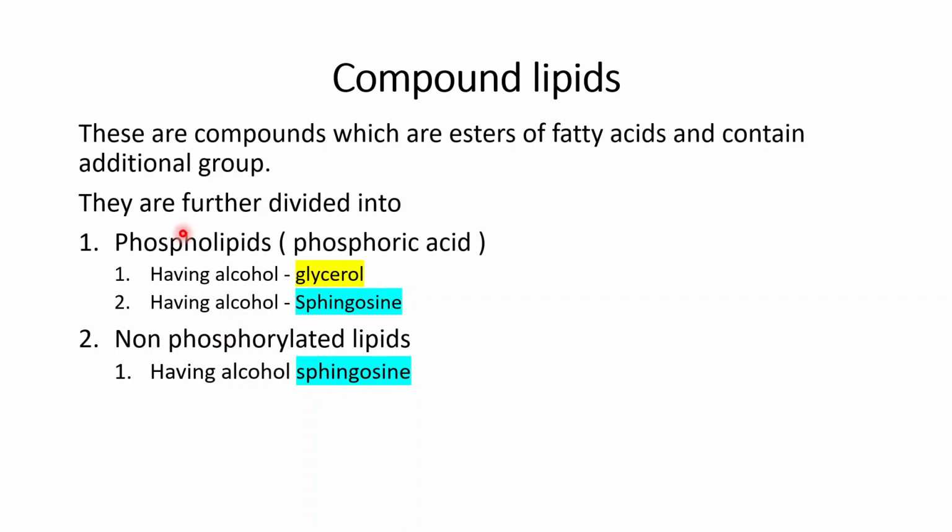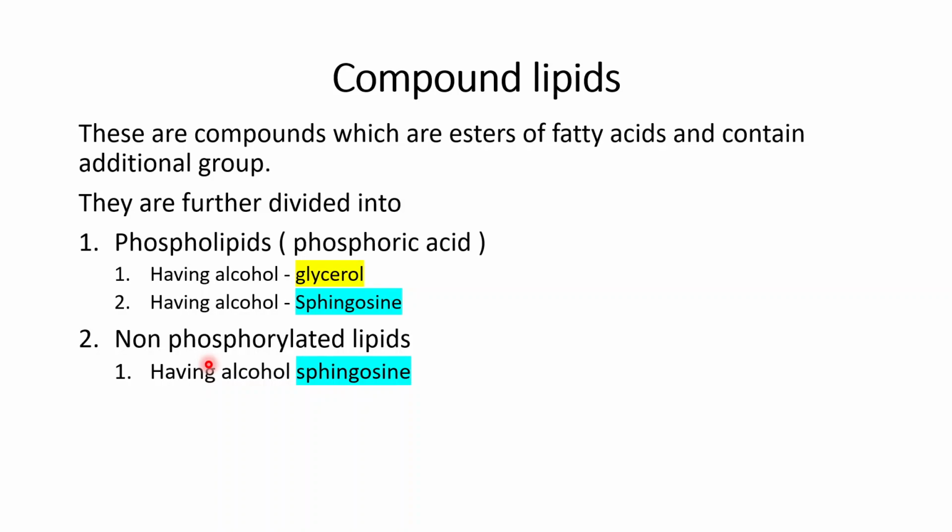So compound lipid is further divided into phospholipids, having phosphoric acid. And this can have an alcohol, either glycerol or an alcohol known as sphingosine, whereas non-phosphorylated lipids, which do not contain phosphoric acid, have the alcohol sphingosine.